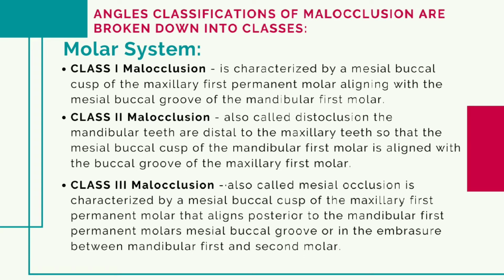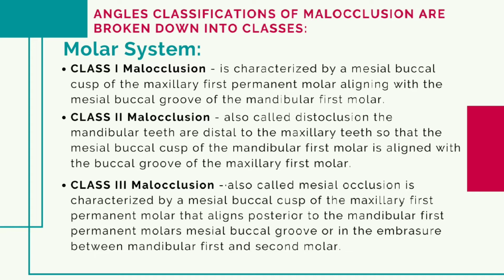In the molar system, Class 1 malocclusion is characterized by the mesial buccal cusp of the maxillary first permanent molar aligning with the mesial buccal groove of the mandibular first molar. Class 2 malocclusion, also called distocclusion, the mandibular teeth are distal to the maxillary teeth so that the mesial buccal cusp of the mandibular first molar is aligned with the buccal groove of the maxillary first molar.